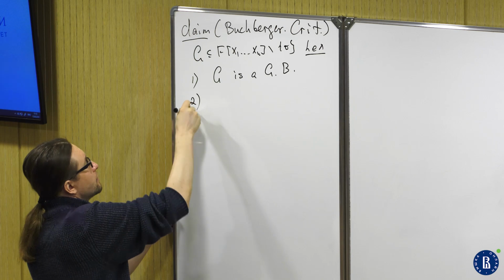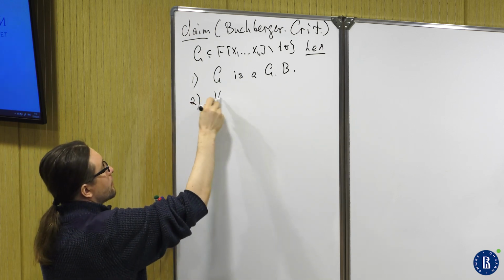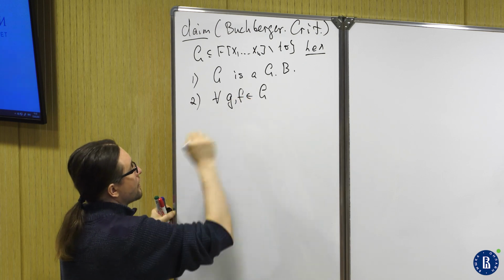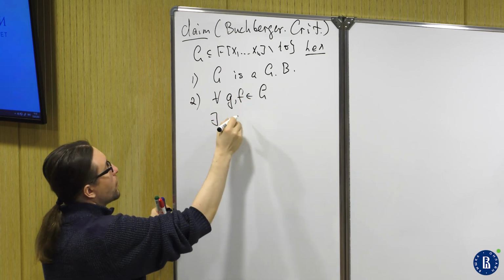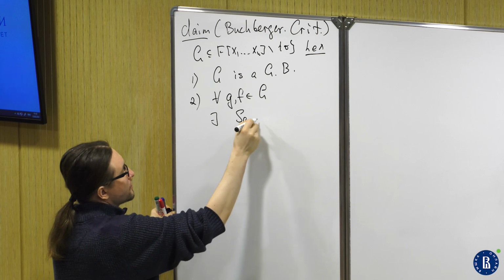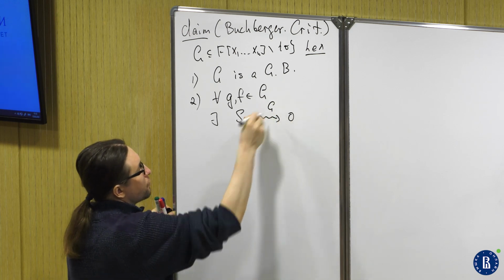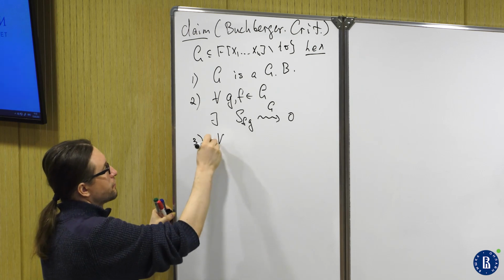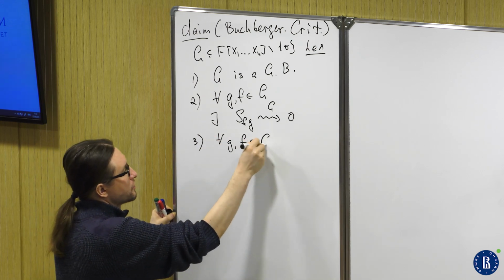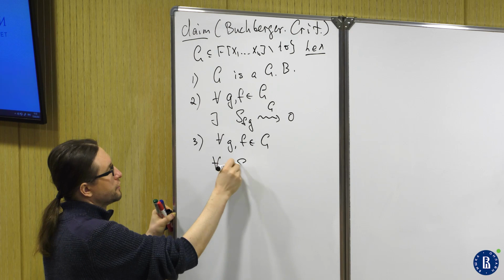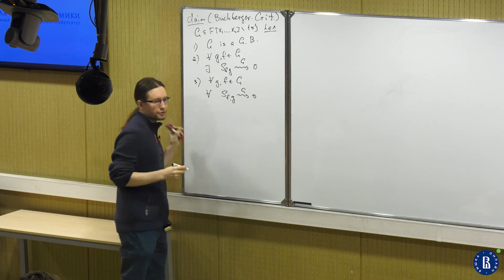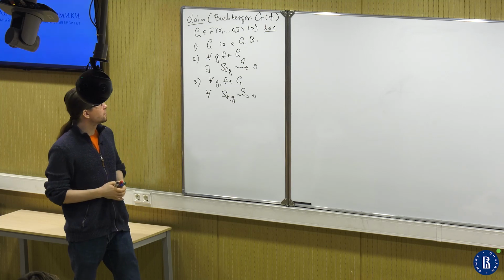The second one, for every two polynomials g and f from G capital, there exists a way to reduce their S polynomial to 0 with respect to G. And the third statement, for all pairs of polynomials from G capital, every reduction of the S polynomial gives you 0. So this is the Buchberger criterion.